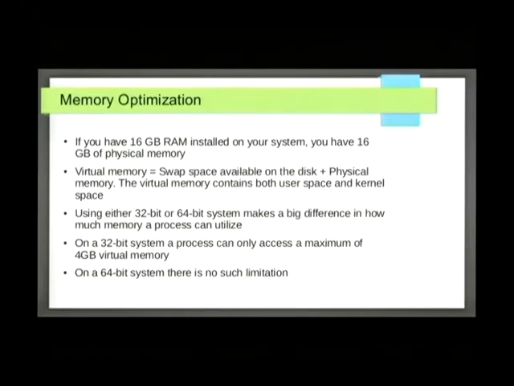But you cannot use more than 4 gigs on a 32-bit system. So what you can do, just make a 2 gig partition and a 2 gig partition of swap space. But this is history.